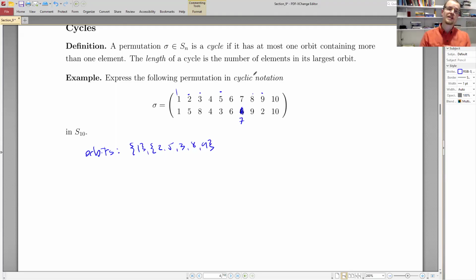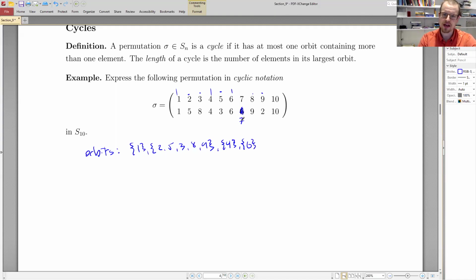So in order for this to be a cycle, I need all of the remaining orbits to contain just one element. And indeed, 4 goes to 4. So that is a single orbit. 6 goes to 6. My apologies here. I made a typo. I had 6 and 6.